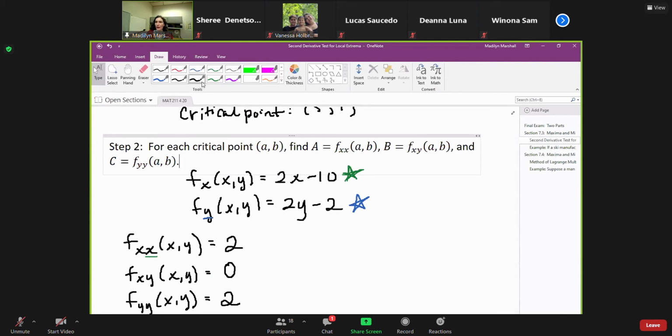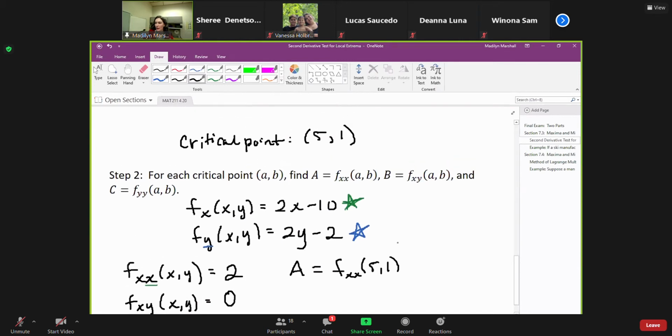That is not going to matter in this case because even if we plug in (5, 1), there's no X or Y in that second order partial derivative, so it's going to be 2 always.